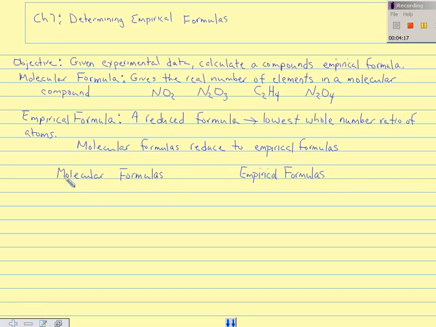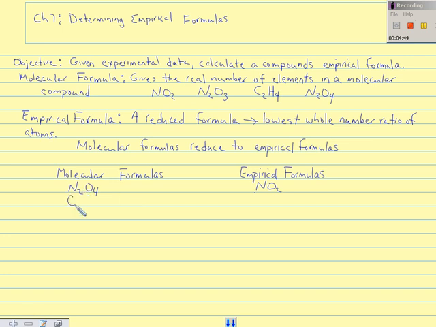Let's say, for example, that we did have dinitrogen tetroxide. That is the molecular formula. Both of these can be divided by 2. So the empirical formula for N2O4 is NO2.